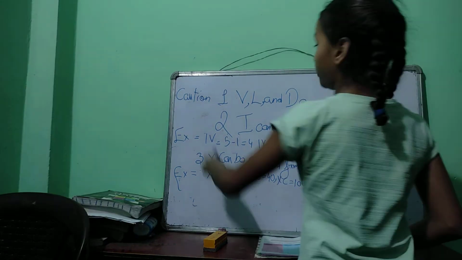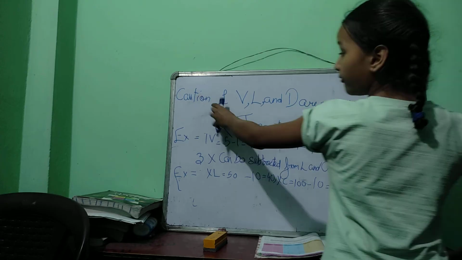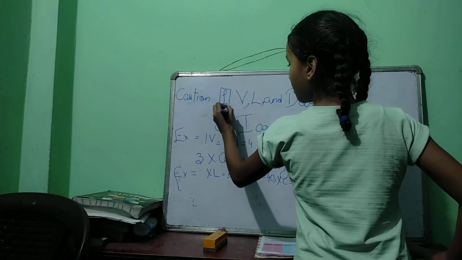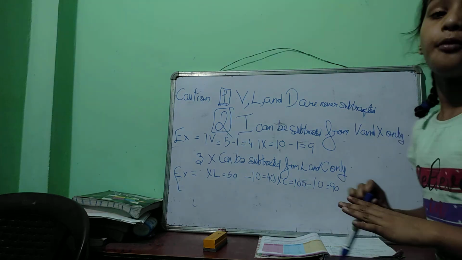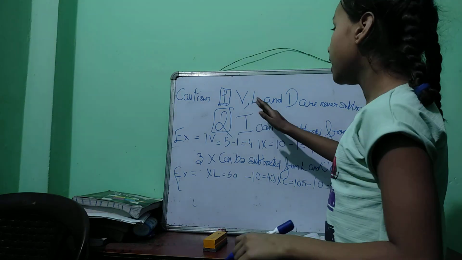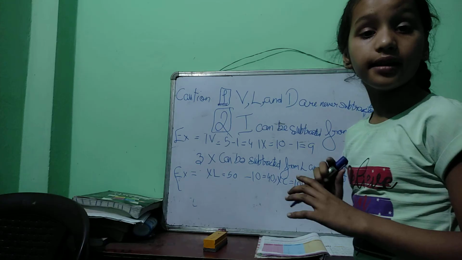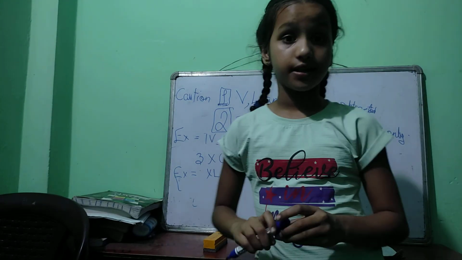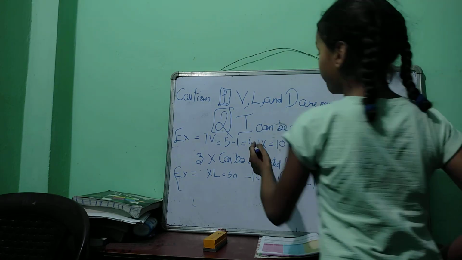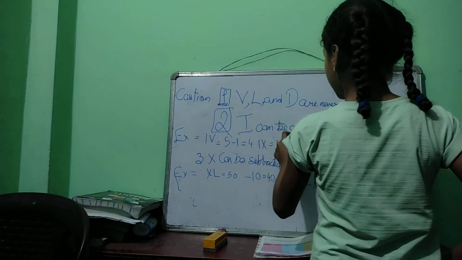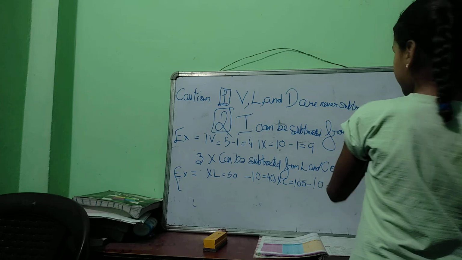Now, calculation. First, V, L and D are never subtracted. V, L and D we can't subtract anywhere. I can be subtracted from V and X only.